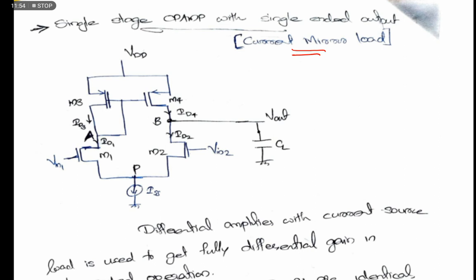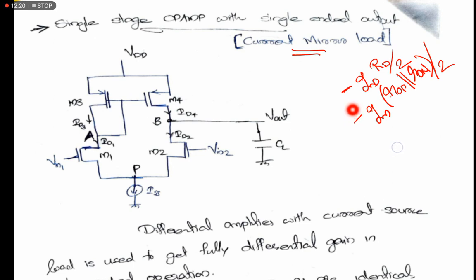In general, if we take a single-ended output, we are expecting a gain of minus gm RD by 2, or in the case of this one, minus gm (ROP parallel to RON) divided by 2, because we are considering only the single-ended output.